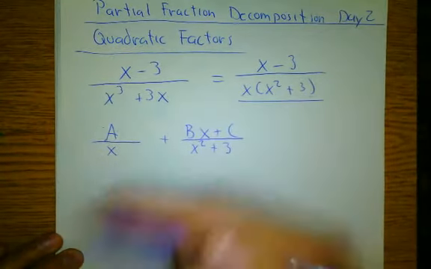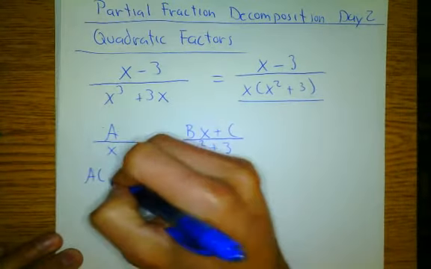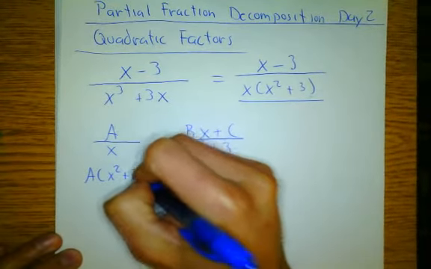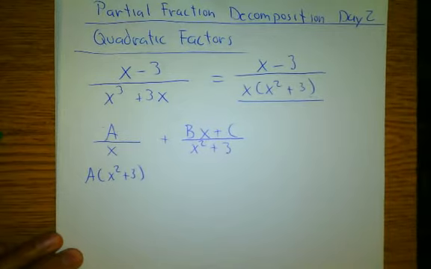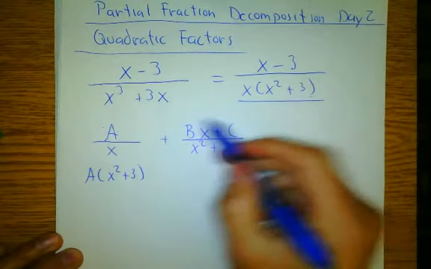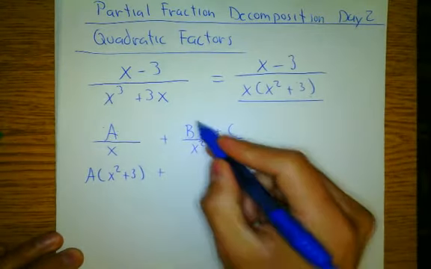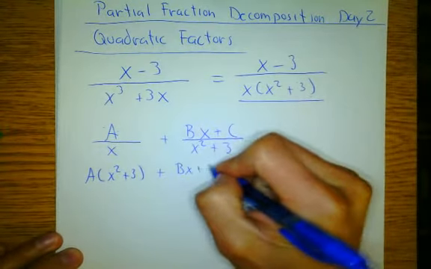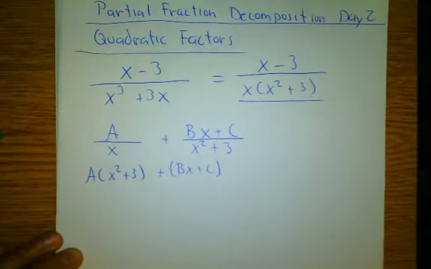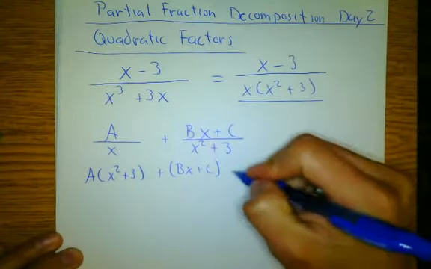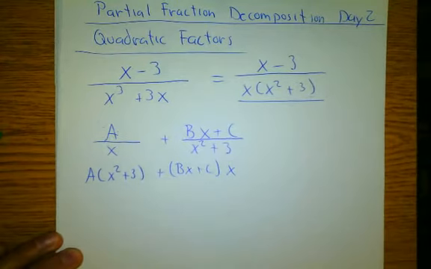So multiply a times x squared plus 3. Agreed? And how can I get this second fraction to achieve this one? Multiply the entire numerator. So notice how I'm going to put parentheses over the entire numerator times what? X. That would be the numerator of your brand new fraction, right?